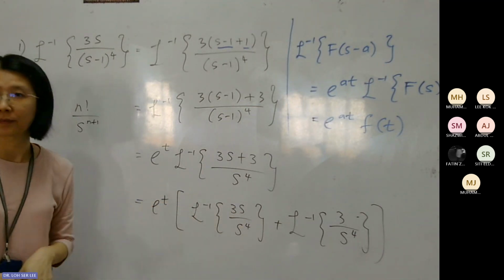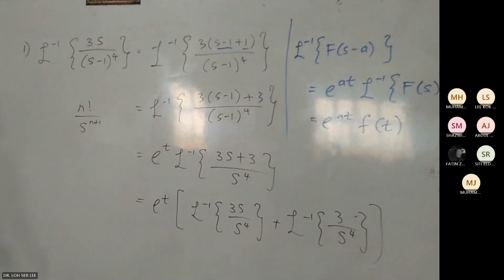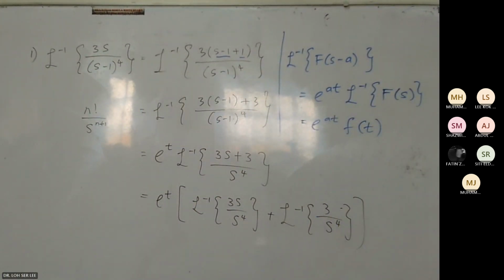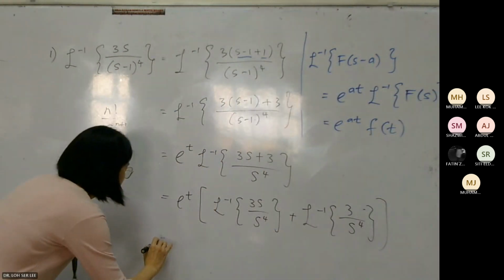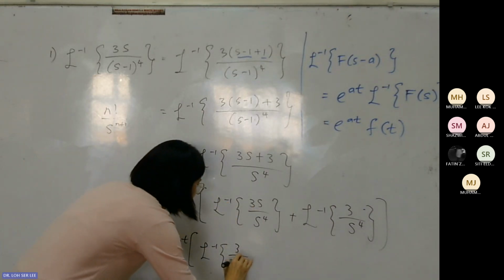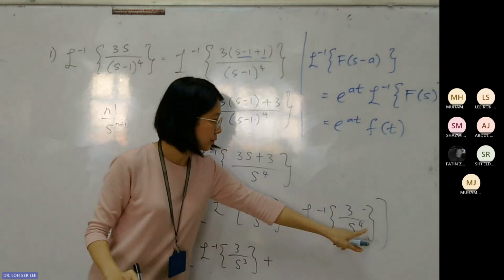For the first term, you can cancel out the s. So when you cancel out s, you are inverse Laplace of 3 over s cubed.